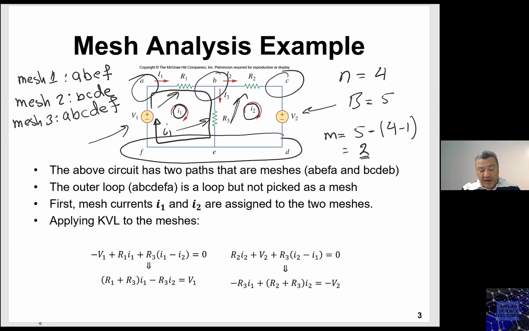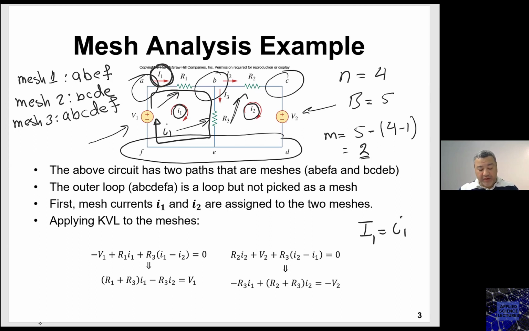Whenever I have a branch that is not shared, this means my variable I1 is going in this branch. So if I look at this capital I1 and this little I1, they are in the same branch, which means this capital I1 equals this I1.